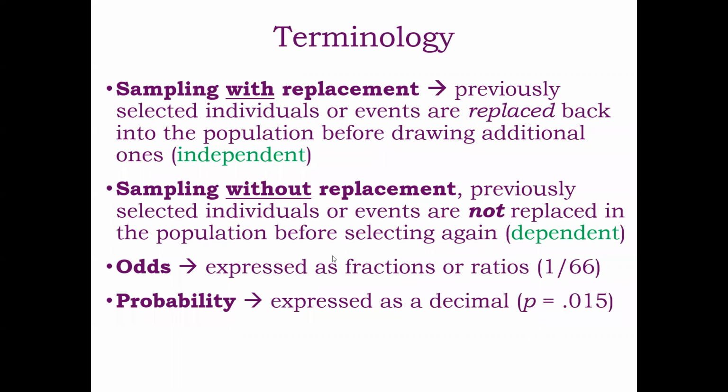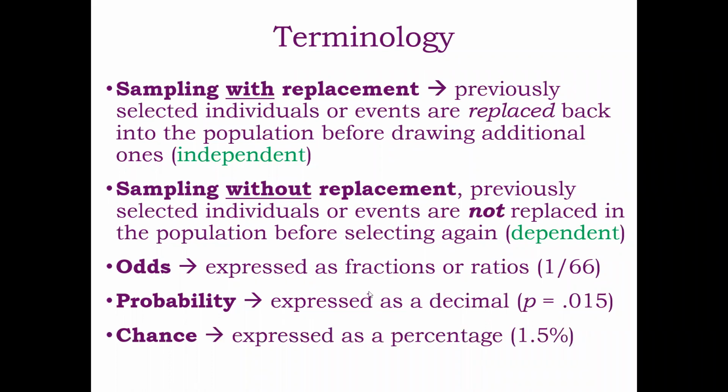Probability is expressed as a decimal. We've already talked about that: P equals 0.015. Chance is expressed as a percentage, like a 20% chance of rain, or maybe a 0.002% chance of rain and a 20% chance of wildfires in California. Probably 50%. Okay, moving on.